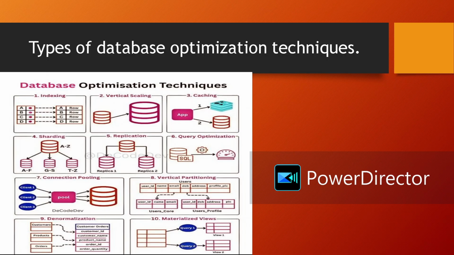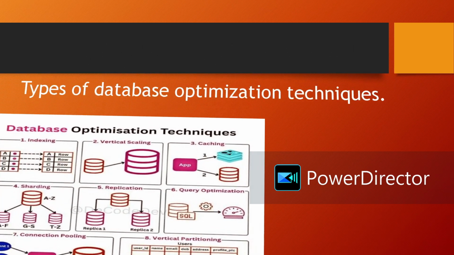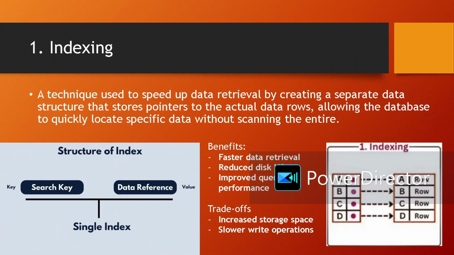So in this video we will be going through 5 of them, from indexing until replication. So this video will have 3 parts: indexing to replication, then replication to vertical partitioning, and then last vertical partitioning to materialized views.